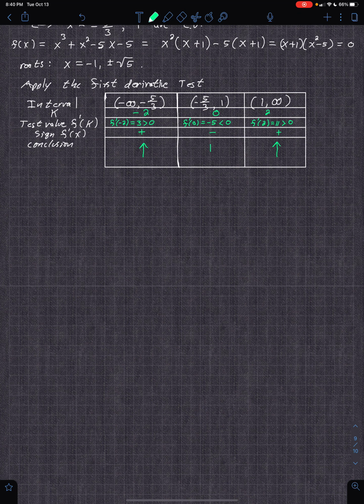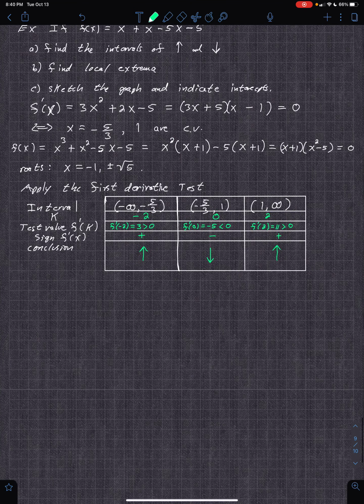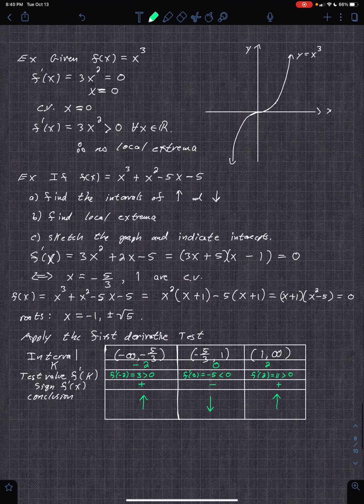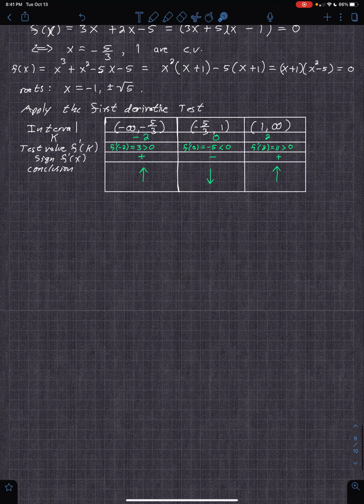So what does that tell us about the function? The first derivative test says if f prime changes sign from positive to negative, I have a local max. That's exactly what it's telling us.